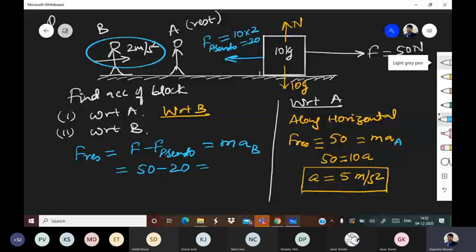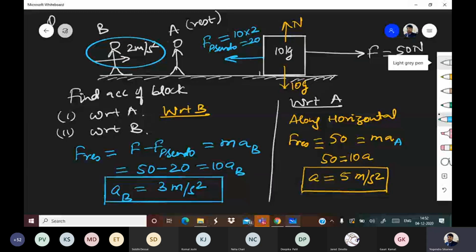Okay. So M is 10 and A with respect to B is to be calculated. A B comes out to be 50 minus 20 is 30 upon 10, which is 3 meters per second square. That is 3 meters per second square. Please note everyone.